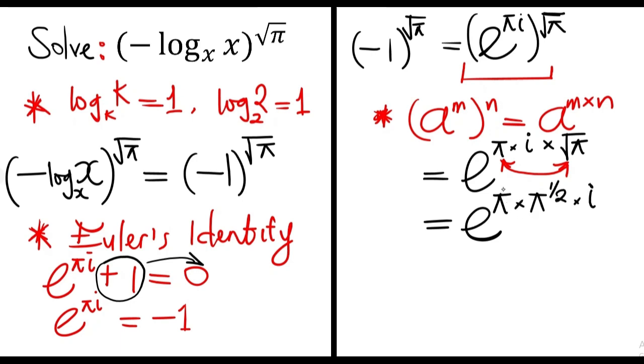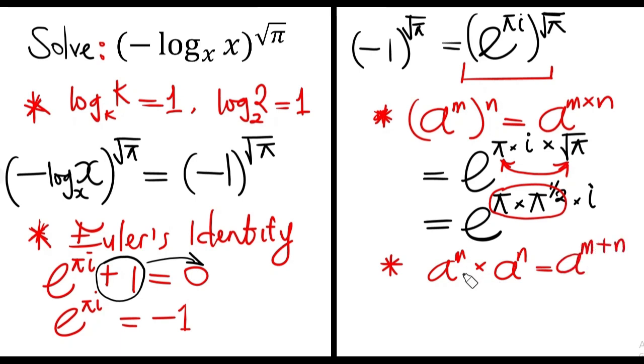Then what do I do to this pi together? Of course, I'm going to apply this: if I have a raised to the power of m multiplied by another base a raised to the power of n, I'm going to have a raised to the power of m plus n. Having the same base, the rule is valid.